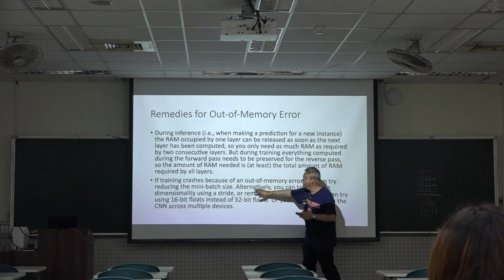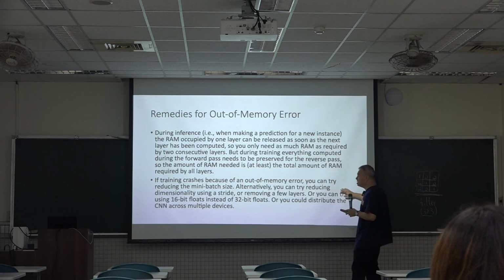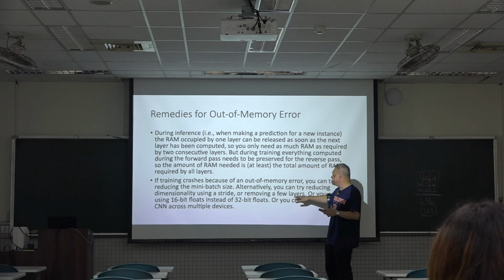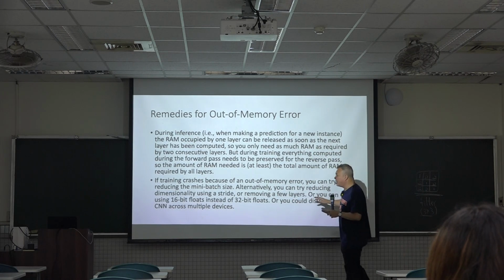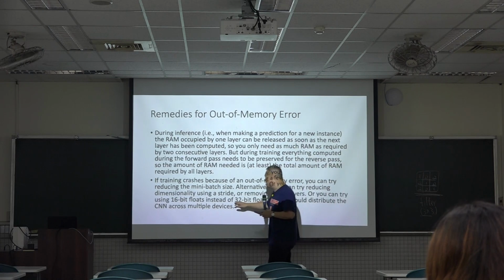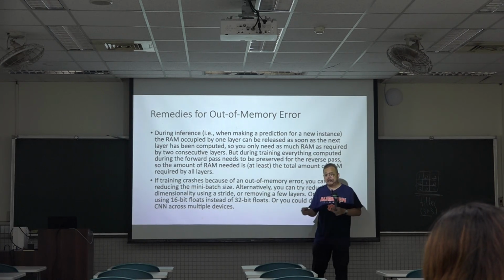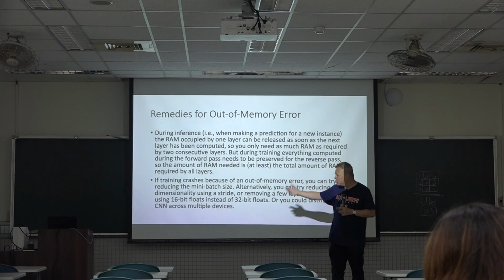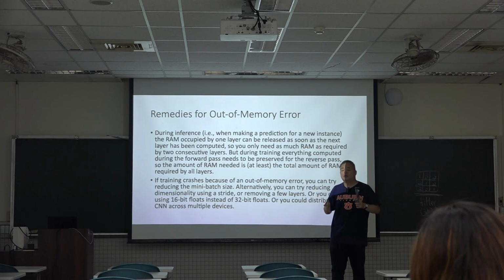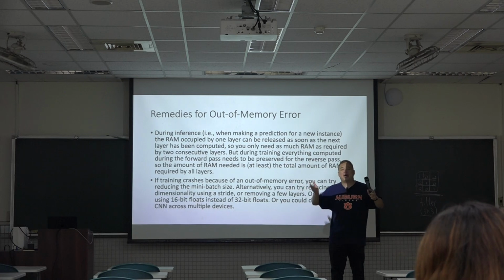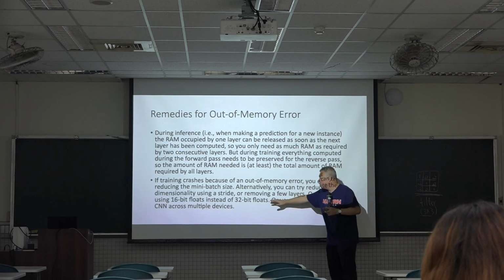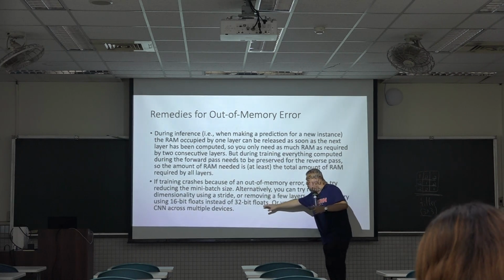Alternatively, you can try reducing dimensionality using the stride, or removing a few layers, or using 16-bit float instead of 32-bit float. If you reduce each pixel from 32 bits to 16 bits, you cut the model and everything by half, pretty much. This is one good approach to use.